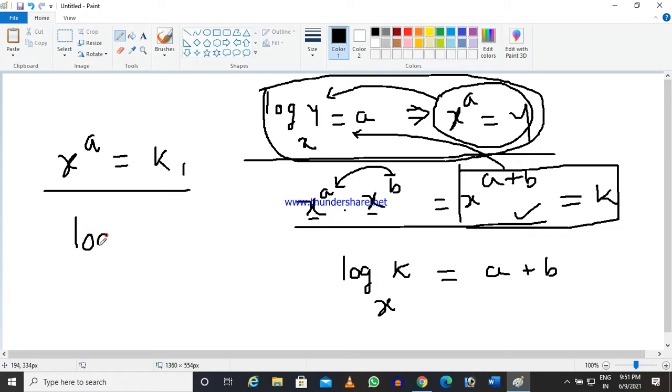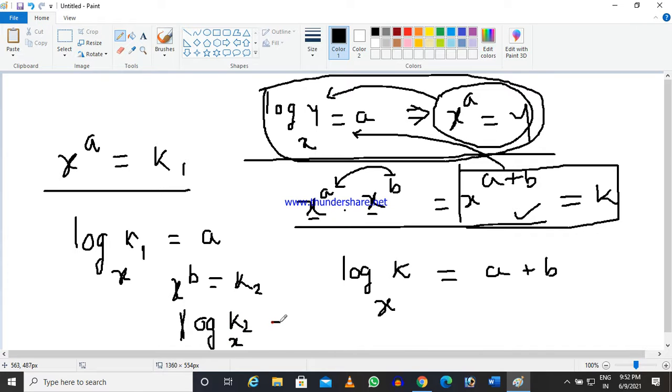So log k1 to the base x is equal to a, and similarly if I assume x to the power b is equal to k2, then this also can be written that log k2 to the base x is equal to b.